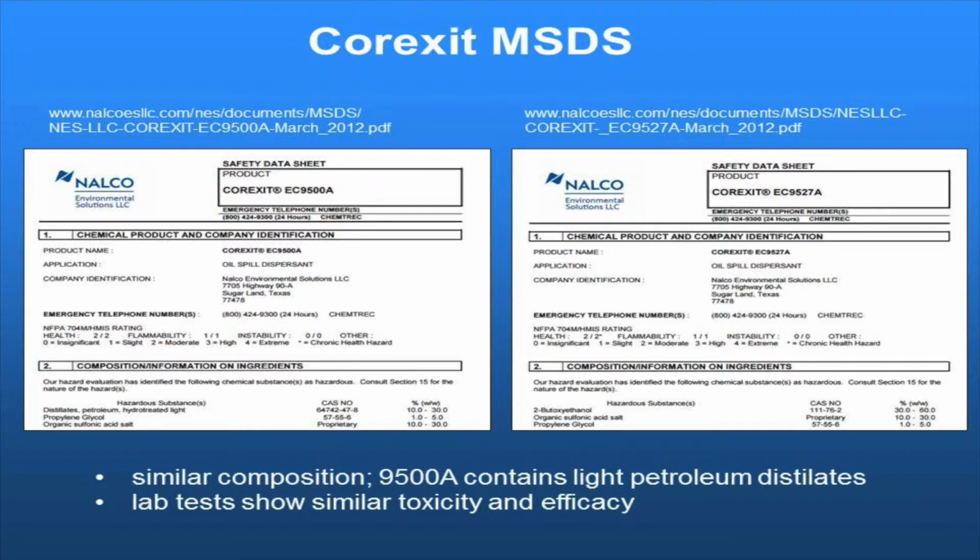It's maybe too small to see. As you know, for 9500, Nalco had to do a full disclosure of all the specific ingredients as part of their approval. But they're really similar in composition. 9500A, which is the one mostly used in Deepwater Horizon, has more petroleum hydrocarbons in it, really light distillates. In lab tests, they show about the same efficacy and toxicity.